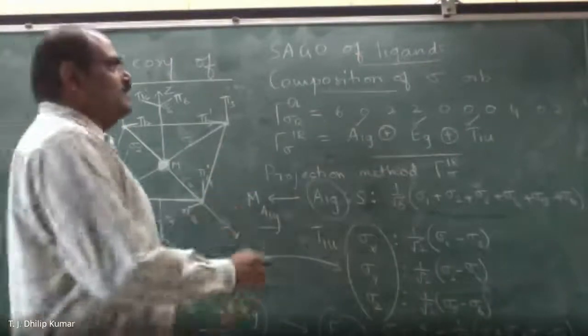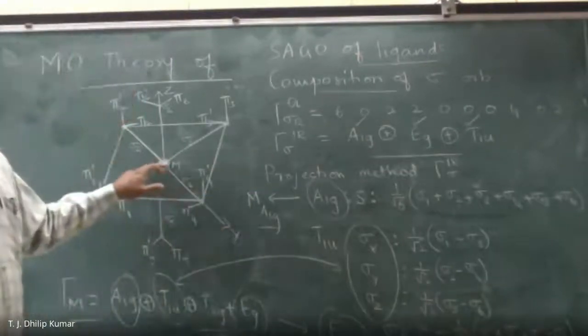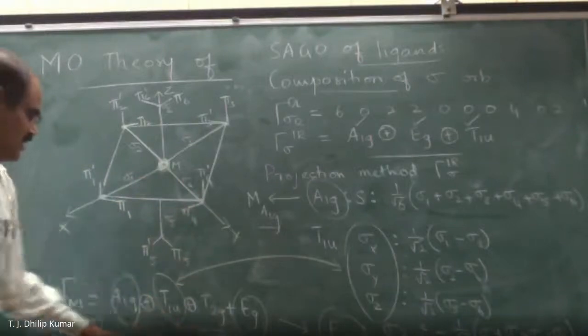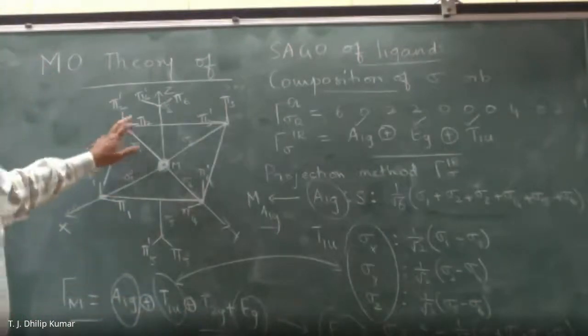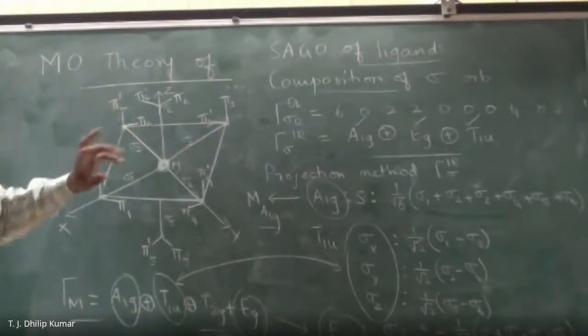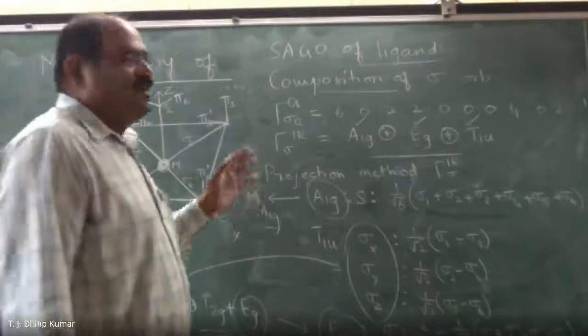Okay, what we have done is we have considered the metal orbitals. We found out the symmetry elements, I mean the irreducible representations which are present, and then the 6 ligands we have split into 2. One is sigma type, the other is pi type.